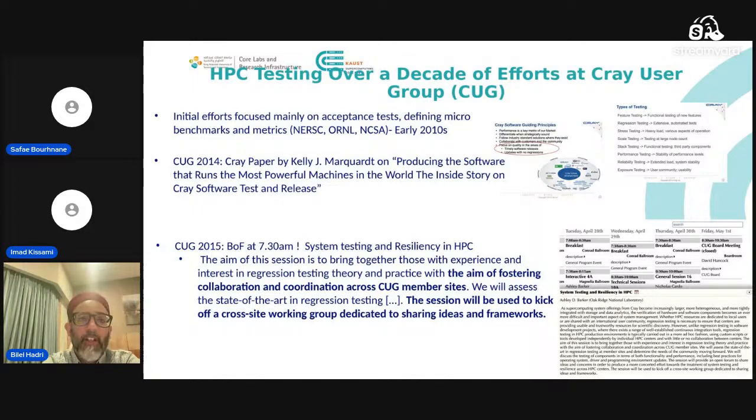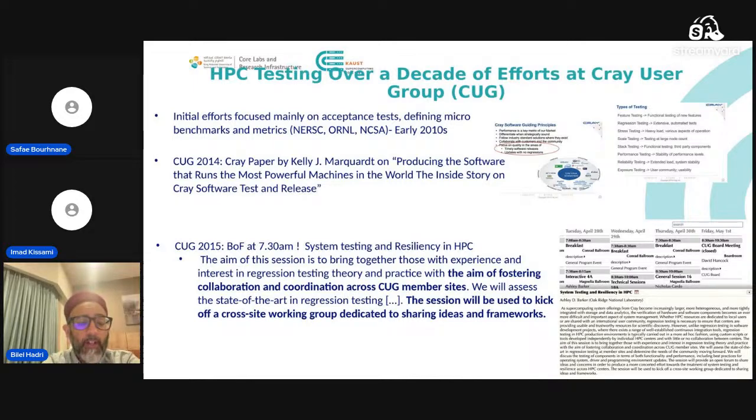Initially it was mainly focused on acceptance tests when they purchase a new system, large scale or even small. They have what we call micro benchmark tests. That was usually the main purpose: you have a performance metric from the vendor and then you try to get the same or the expected performance.